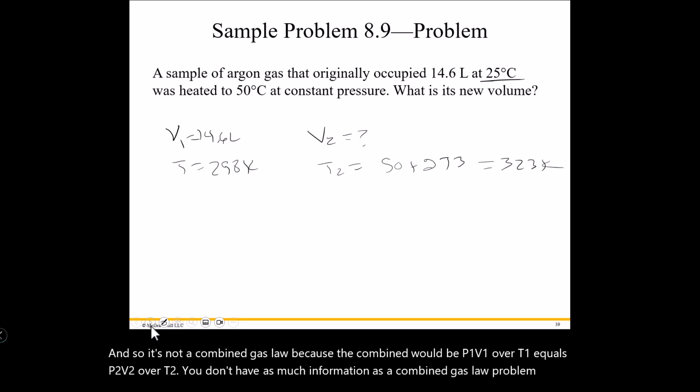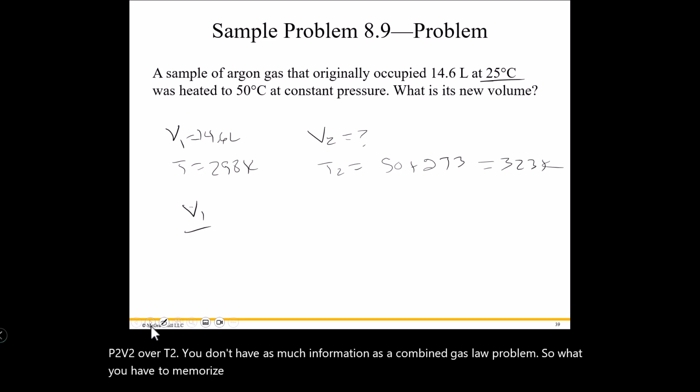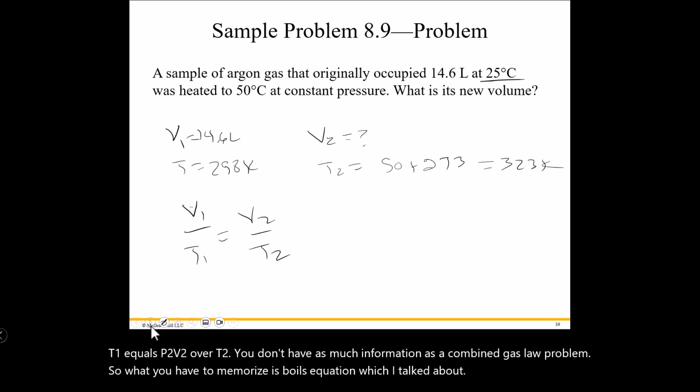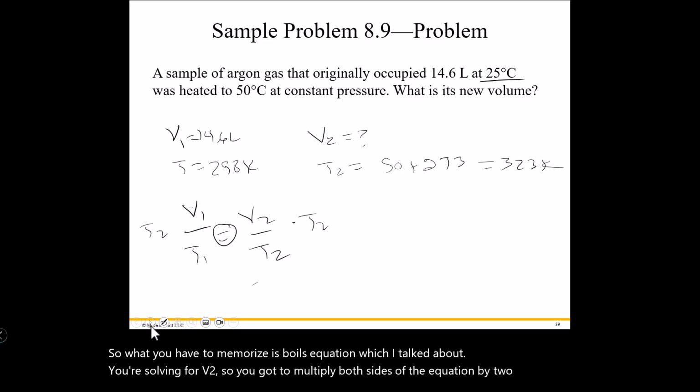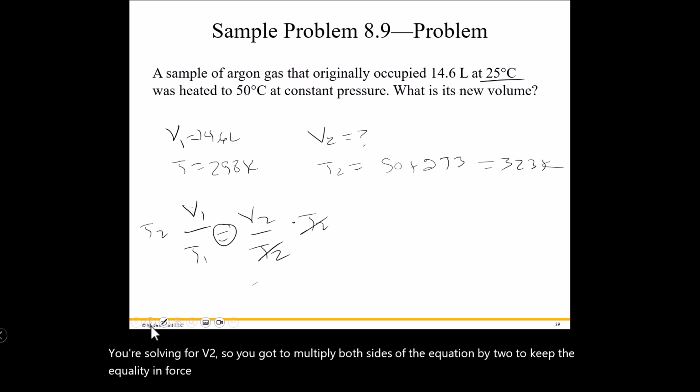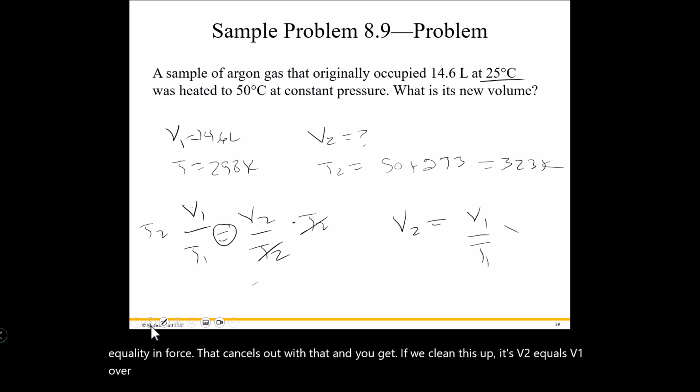So what you have to memorize is Charles's equation, which I talked about. You're solving for V2, so you multiply both sides of the equation by T2 to keep the equality in force. That cancels out with that. And if we clean this up, V2 equals V1 over T1 times T2.